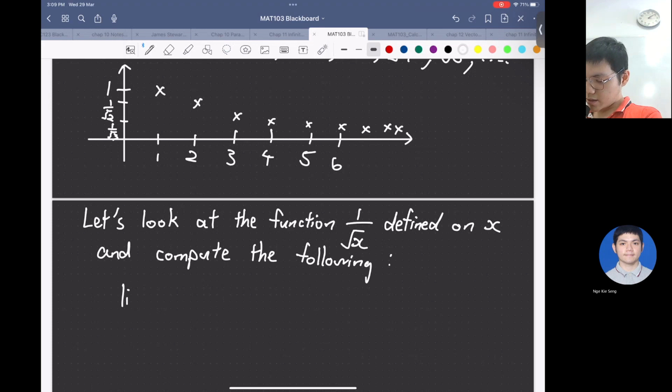In the theorem, it suggests that we need to look at the limit as x goes to infinity of 1 over square root x. So what's this?